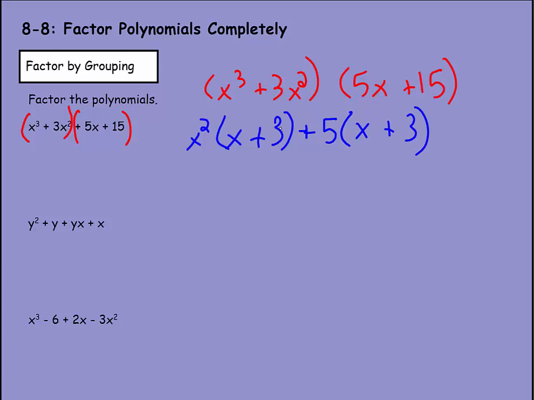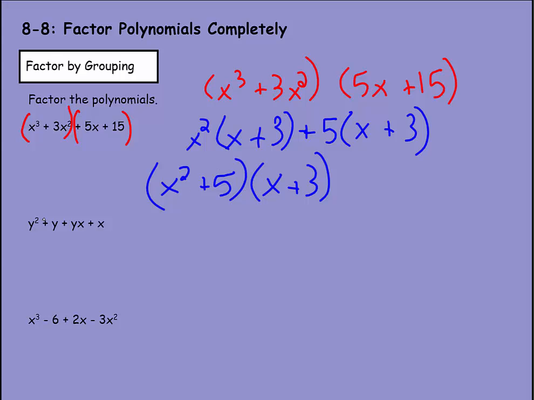So if you'll notice, I've created the same binomial here. And just like we did in that last slide, I have x squared and 5 both being multiplied by the same binomial. So I could have x squared plus 5 as its own binomial, multiplied times the x plus 3. And this is now completely factored.